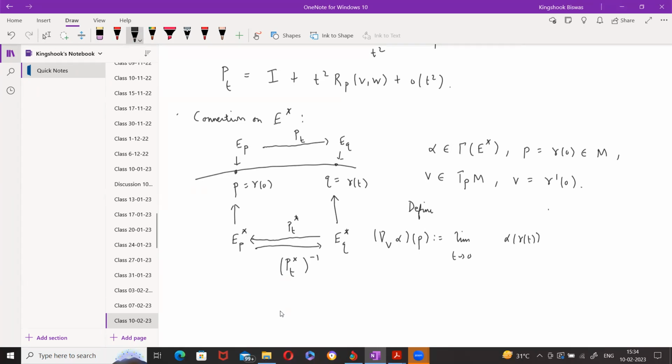Then I can apply this PT star. This will take me back to E_P star, right? So I just apply PT star to this, and then this gives me an element of the fiber here. So I subtract alpha at P from this, and then I divide by T. Is that clear?